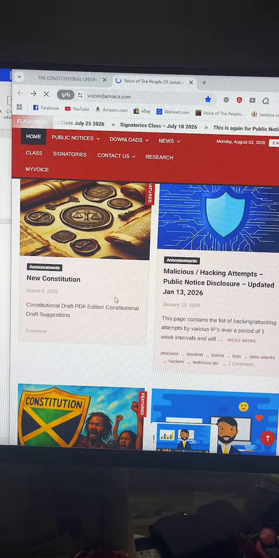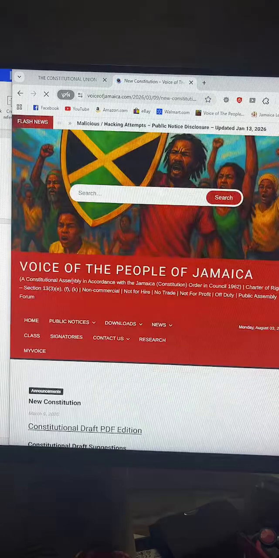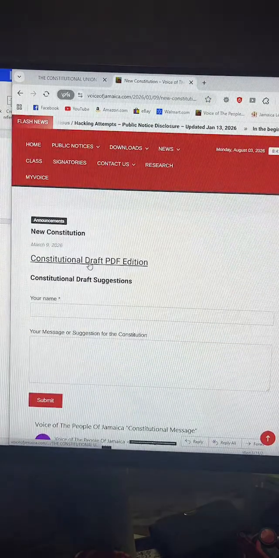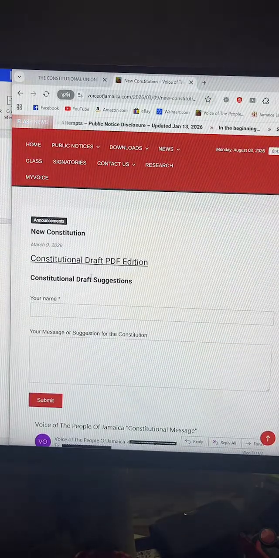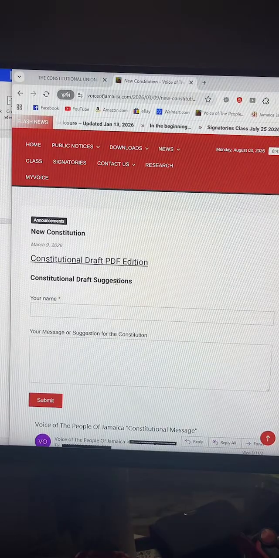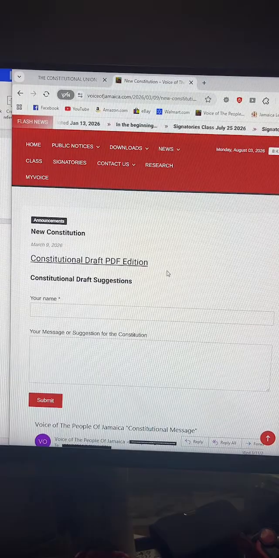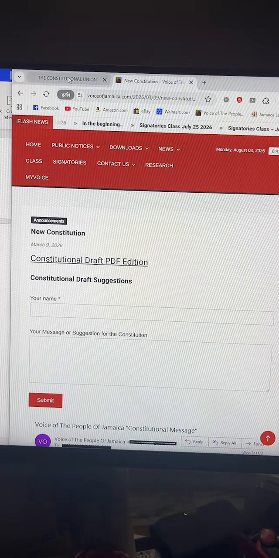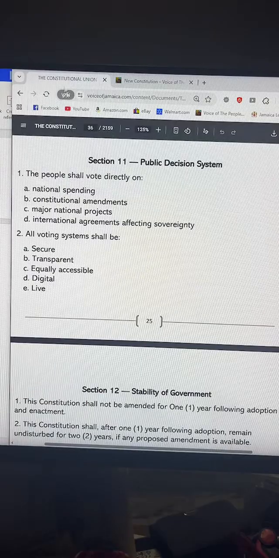And here you will have the ability to view or download the constitutional draft that we're going through. And for those wondering, the constitutional draft has nothing to do with Parliament. Just to clear that up. All right?